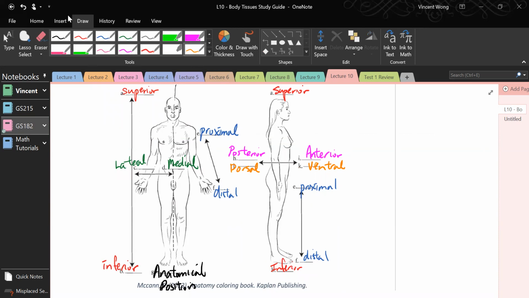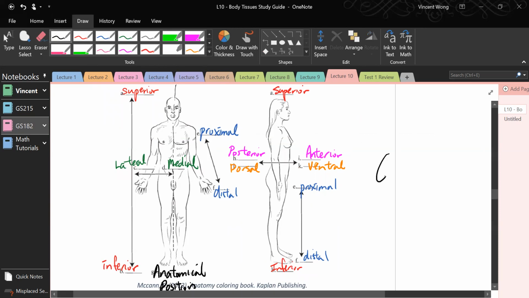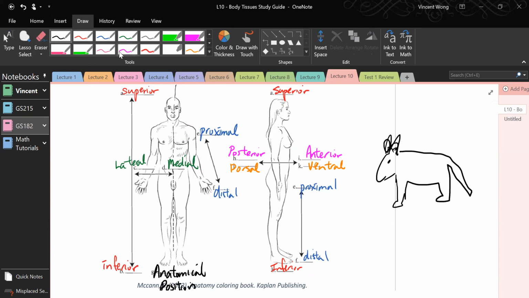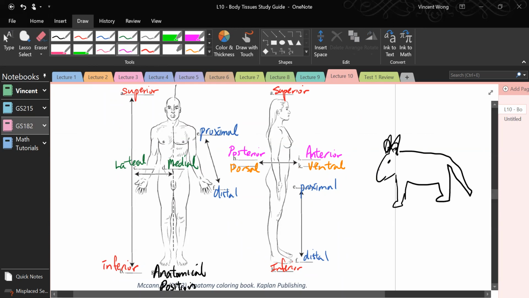If you think about a dog, that would be anterior, that would be posterior, but the ventral side would be here and this is the dorsal, because they walk on four legs.